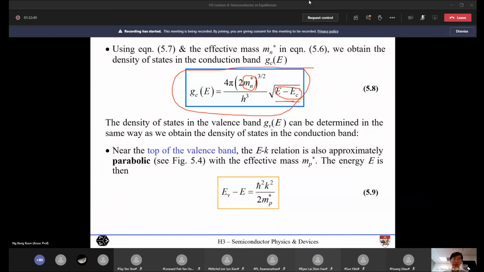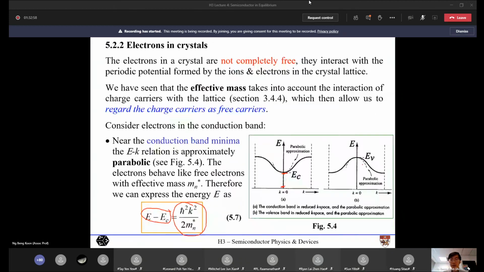Similarly, you can do the same for the valence band. In this case, it's the other way. You do EV minus E, because notice that in this case, the valence band is an inverted parabola. So you have to flip the E first, and then shift it down by EV, to get a parabola that starts at zero value.